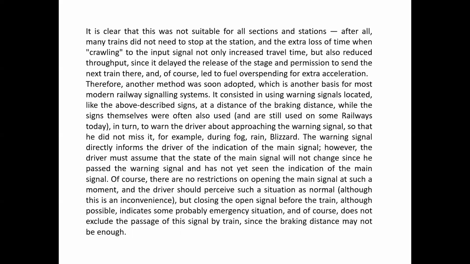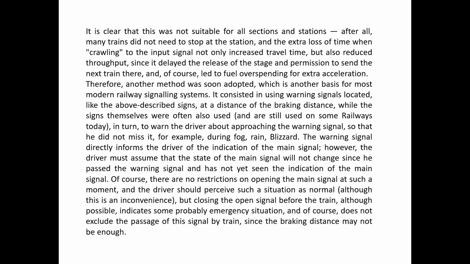Therefore, another method was soon adopted, which is the basis for most modern railway signaling systems. It consisted in using warning signals located, like the signs described above, at the braking distance, while the signs themselves were often also used in turn to warn the driver about approaching the warning signal so that he did not miss it.